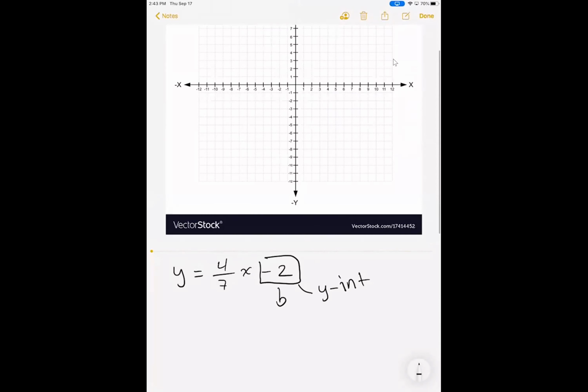This is what I tell my students: if you have it in this form, y equal to 4 over 7x minus 2, whatever this b number is, this is your starting point on the y-axis.